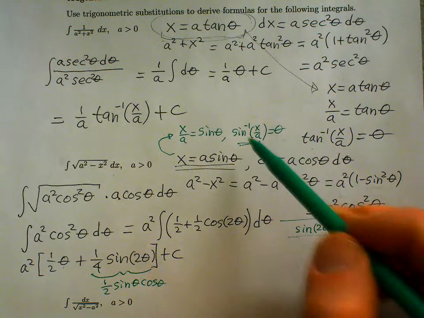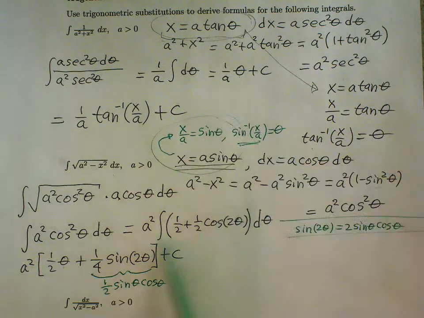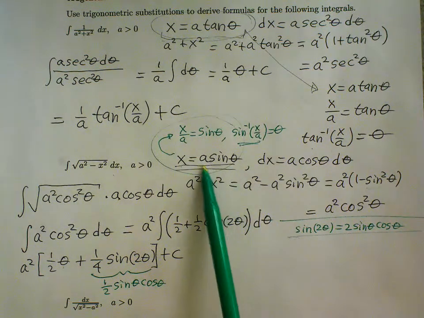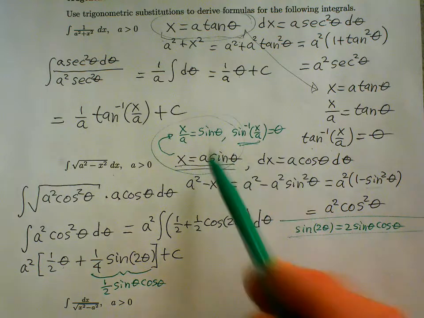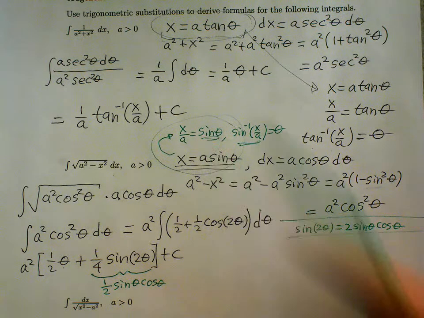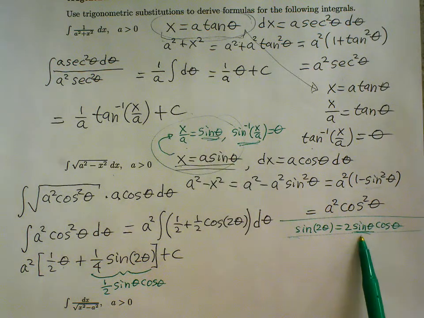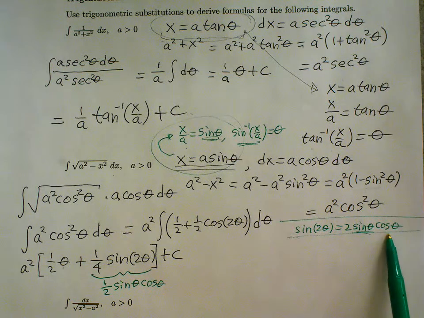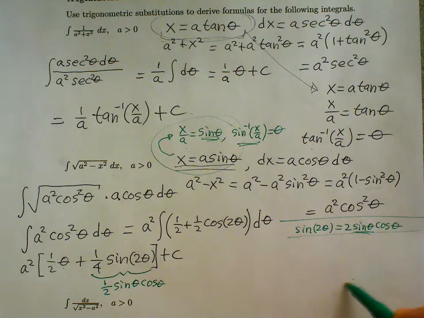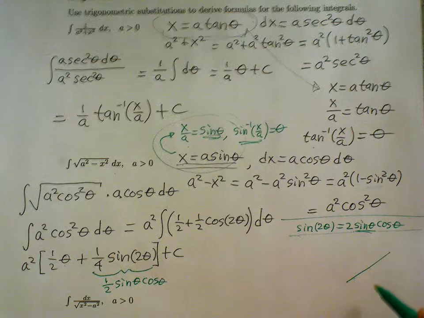And then once again, we're going to use the trigonometric substitution to help us. Now we know that sine of theta is x over a, but we have to come up with an expression for cosine of theta. So we can do some right triangle work over here.